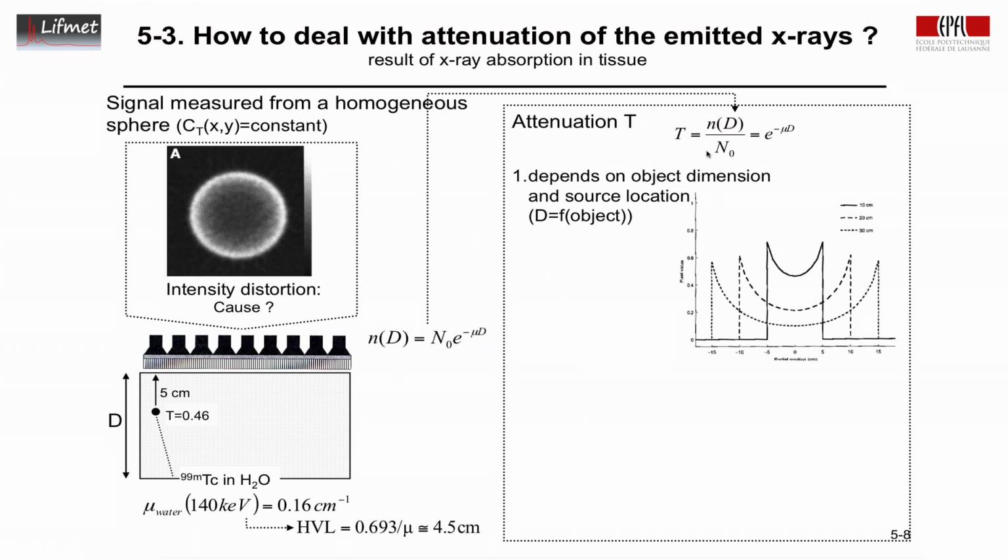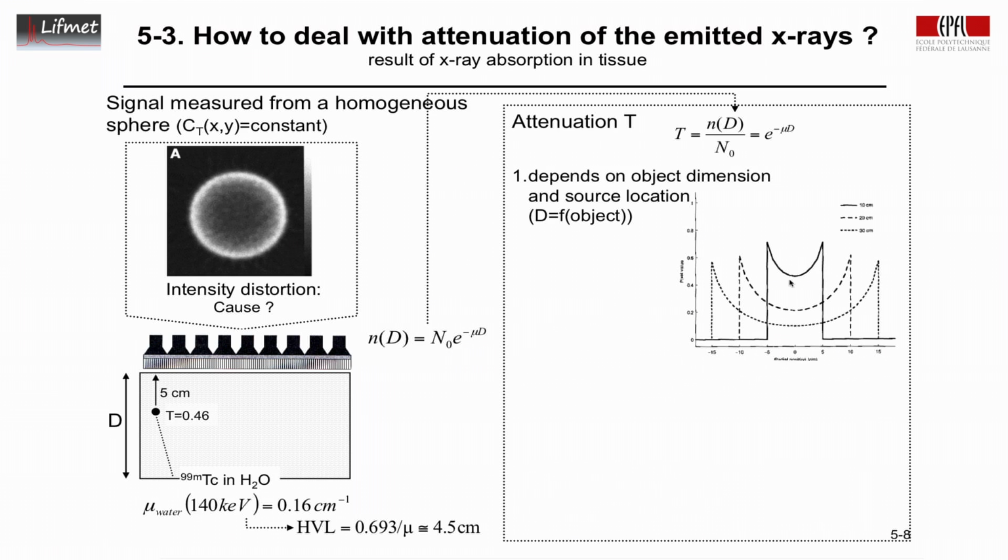And so the attenuation, the reduction of the X-rays that are being detected, depends on the object dimensions as well as on where the source is. So the distance here, d, where our source is, this part here, is source location, and it depends on the size of our object. And here's 3 examples of an object with 10 centimeters length, 20 centimeters length, and 30 centimeters length.